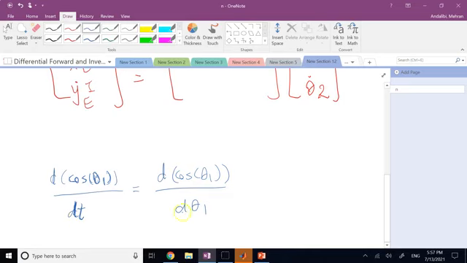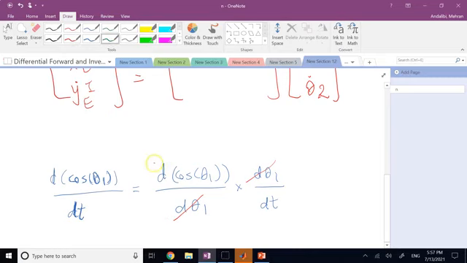But here, if you look, the denominators are different. I cannot say these are the same thing unless I multiply this by d theta 1 with respect to dt. It's kind of like simplifying these two together and getting my original ratio back.